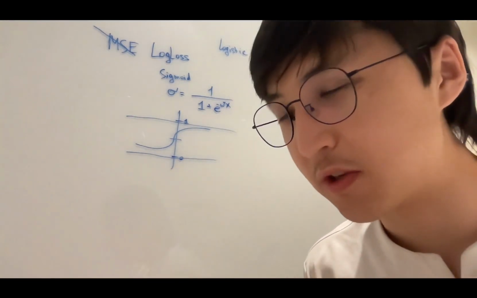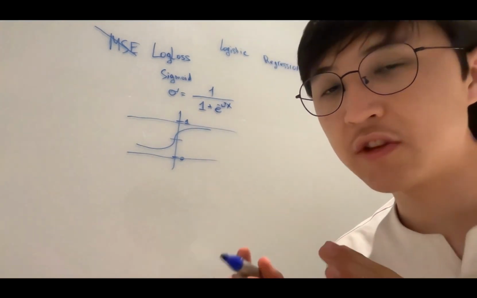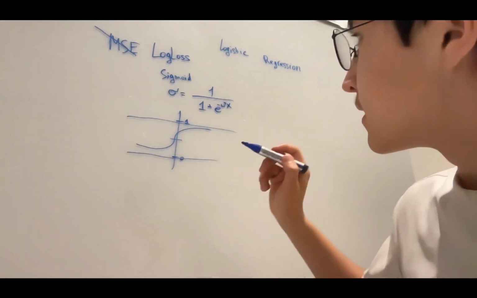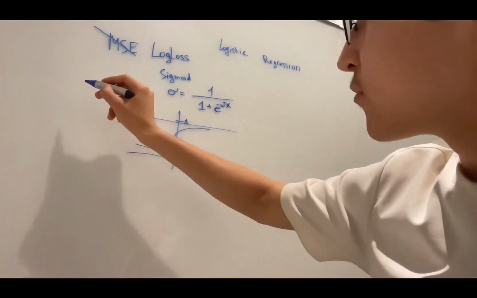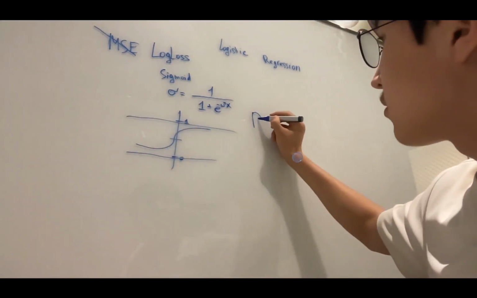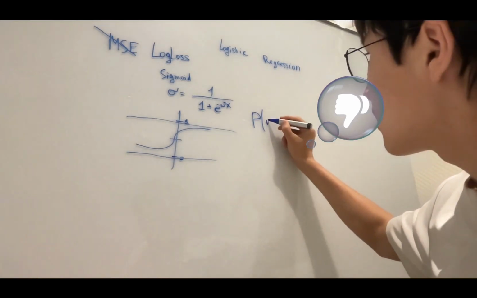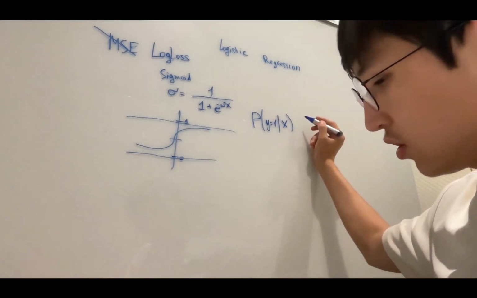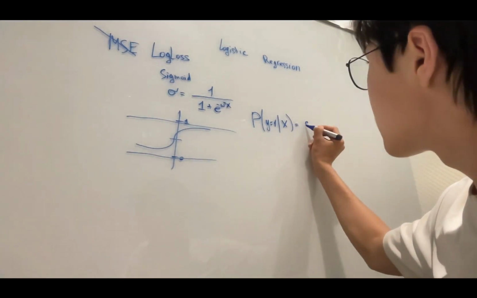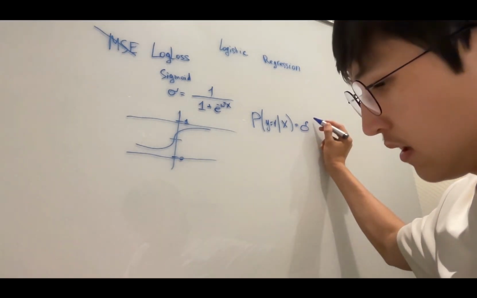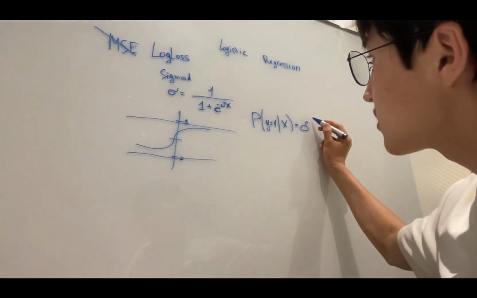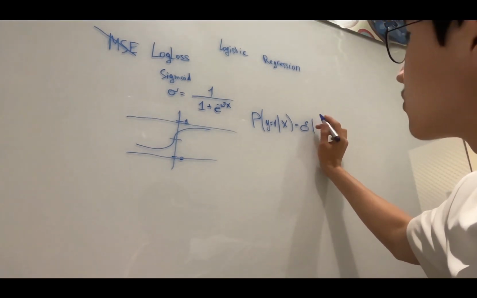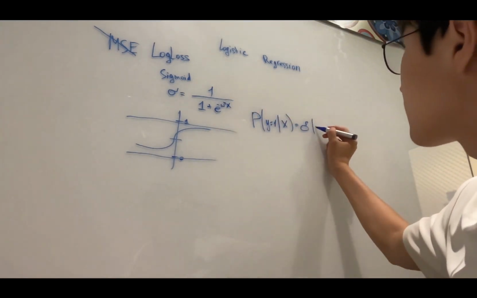We need to have this boundary between 0 and 1, because the term we will predict is the probability of y equal to 1 given x, which is equal to our sigmoid function given weight and x.